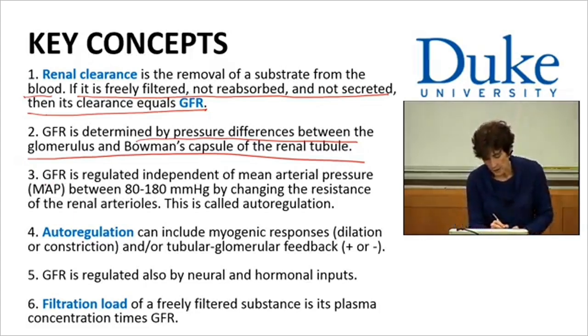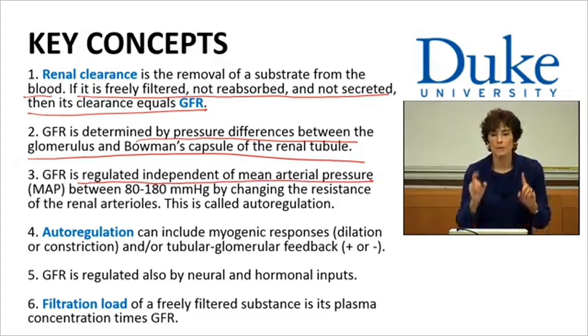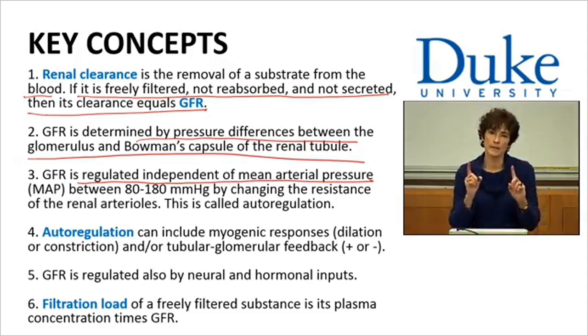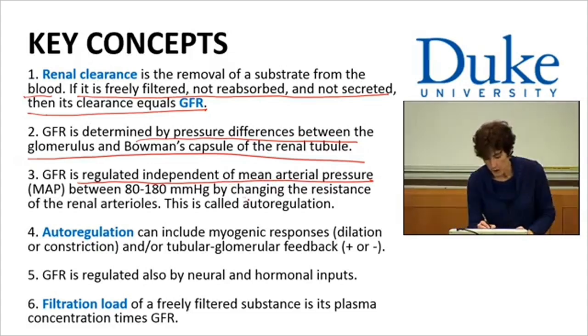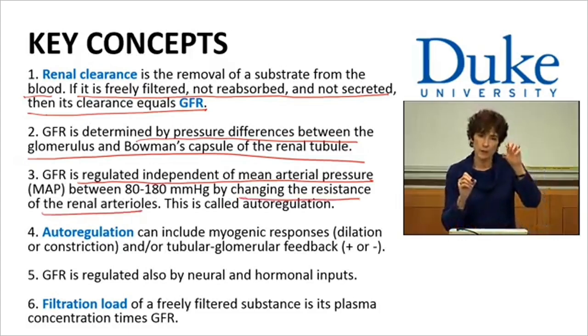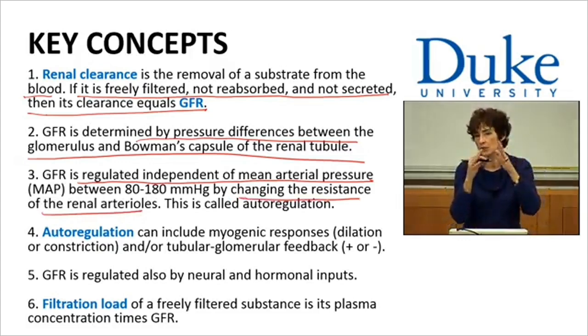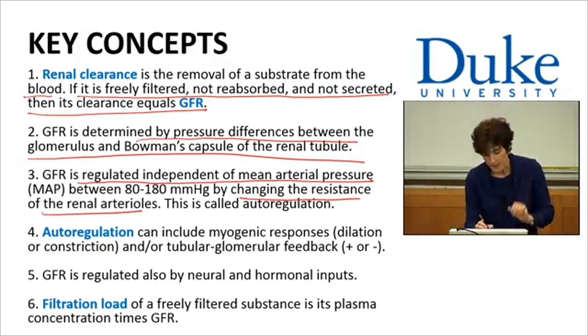Third, the GFR, that is the glomerular filtration rate, can be regulated independent of mean arterial pressure between 80 and 100 millimeters of mercury by changing the resistance of the renal arterioles. These little arterioles which are feeding into each glomerulus, into each nephron, and this is called autoregulation.